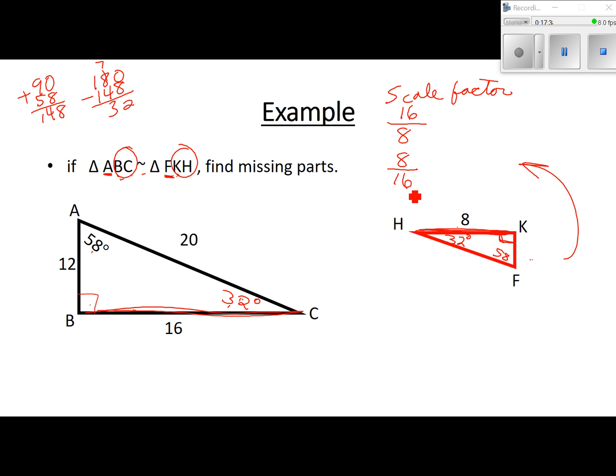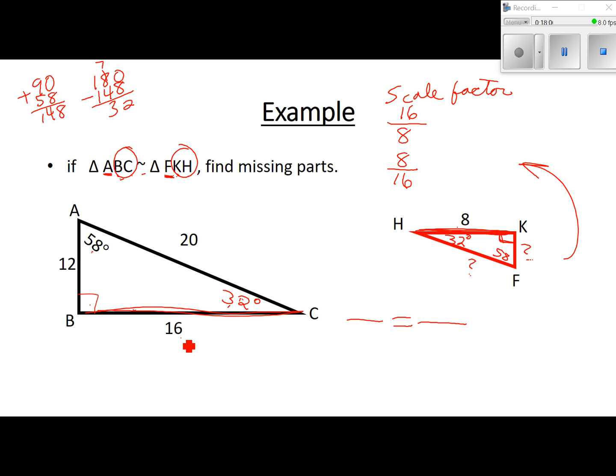Now what we're going to do is we're going to find these missing sides. So let's say I want to find the length of segment KF. The way I'm going to do that is I'm going to set up a proportion. You've got to make sure that you keep things in order when you set up these proportions, otherwise it messes up your answer.